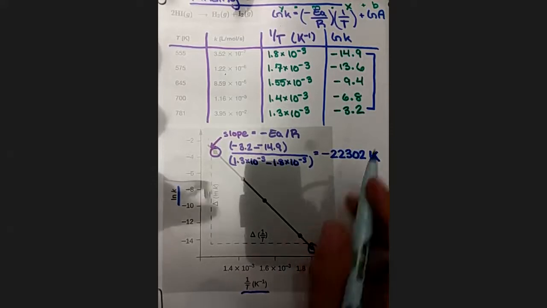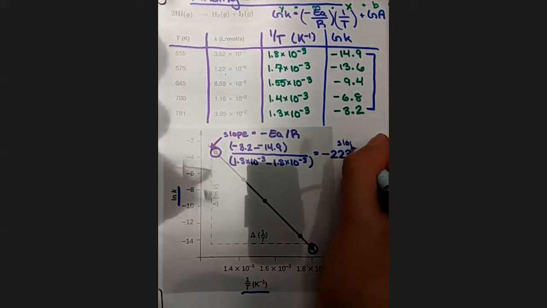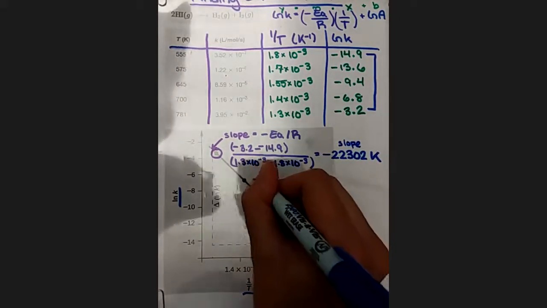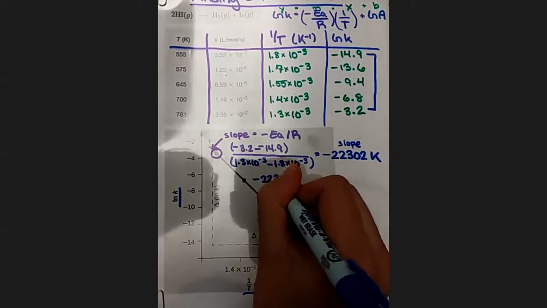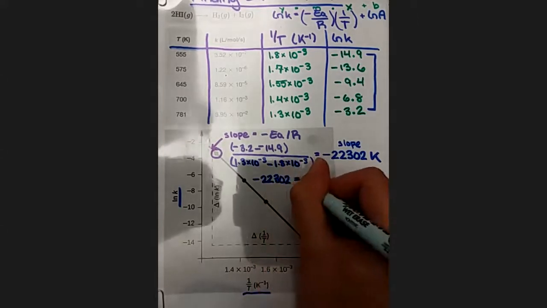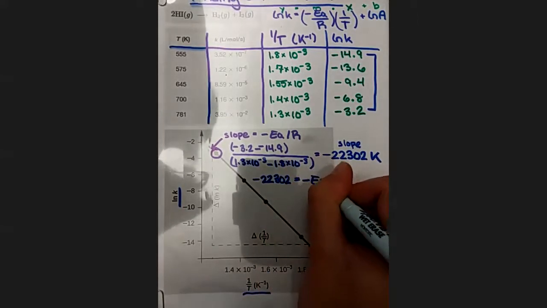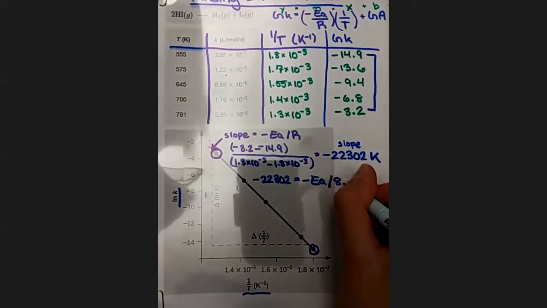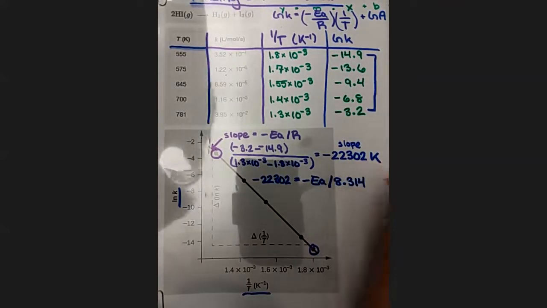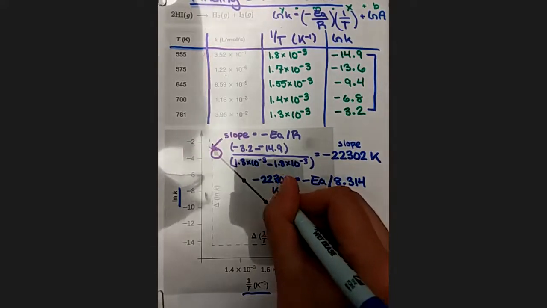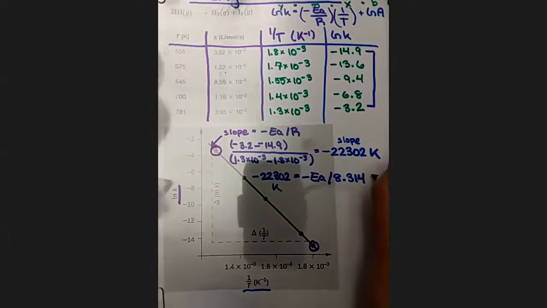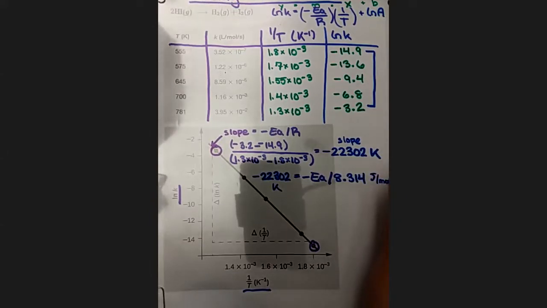So now this is our slope, and our slope is equal to negative activation energy over R. So -22,302 equals negative activation energy over the gas constant, the one with the joules in it, 8.314 joules per mole Kelvin.